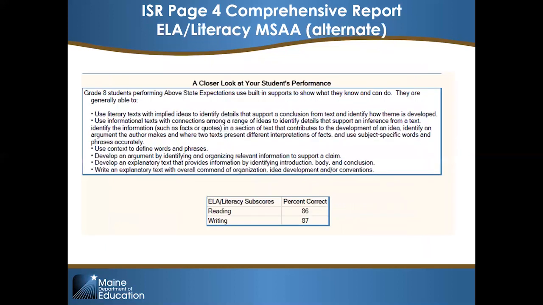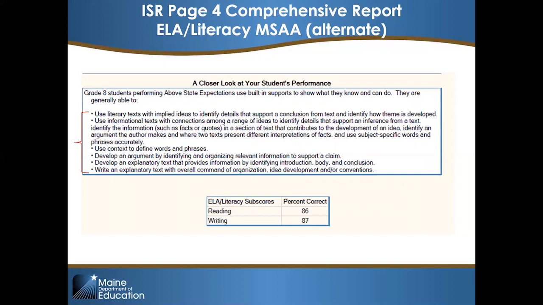The bottom section of the alternate MSAA ELA literacy ISR shows a closer look at the student's performance. 8th grade students performing above state level expectations use built-in supports to show what they know and can do. This report shows a bulleted list of ELA literacy skills students may be working on according to the level of performance the student achieved.